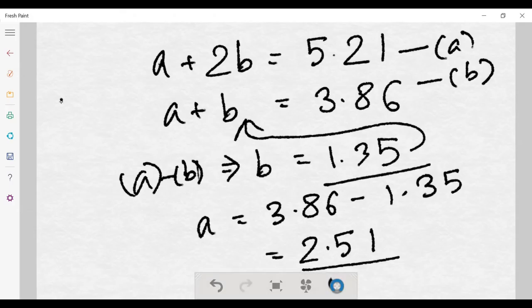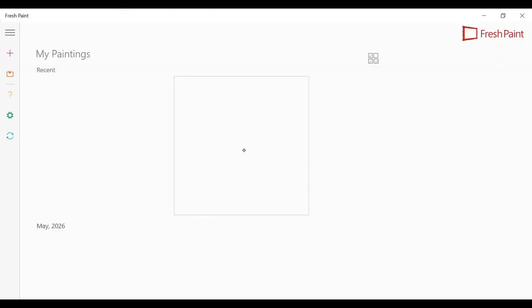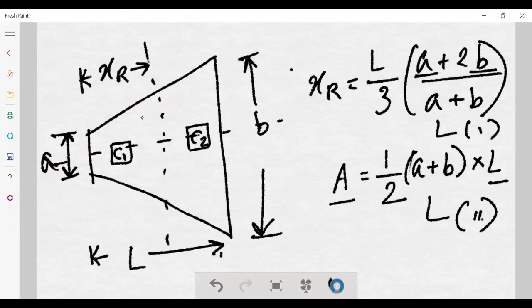But in this case, A becomes greater than B. Our assumption in the drawing was that A was smaller than B, because A was near the column having the smaller load. This was C1 and this was C2, so A should be smaller, but we got A greater.